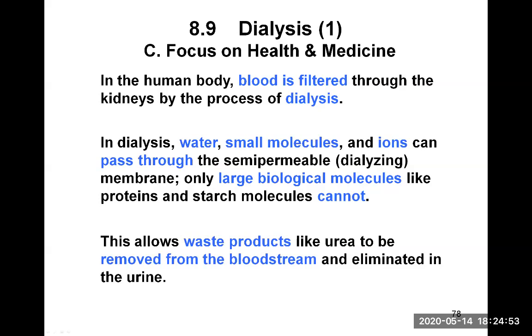It keeps all the big, nutritive molecules inside the blood. Water and ions which are needed are reabsorbed later on in the process, but this allows waste products like urea to be removed from the bloodstream, and then they are eliminated in the urine.